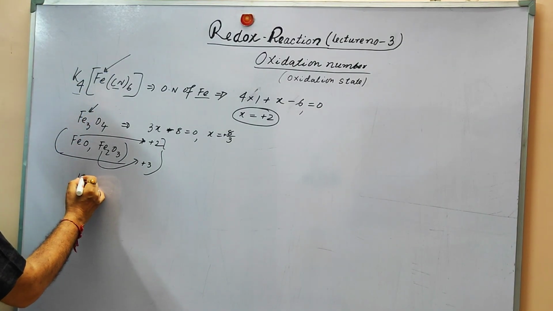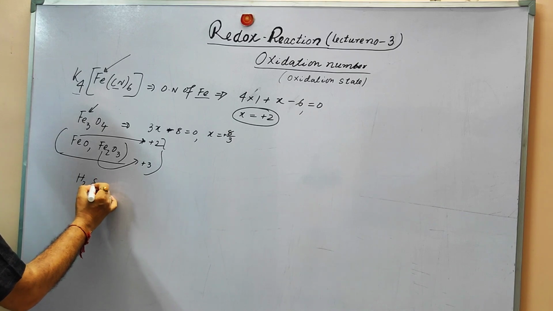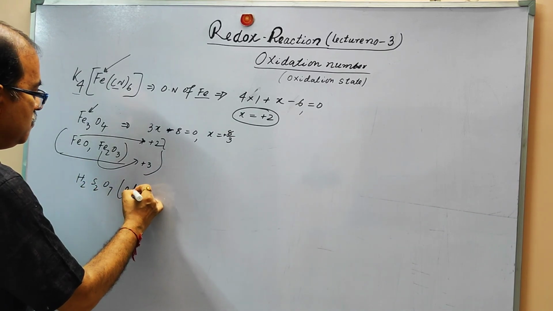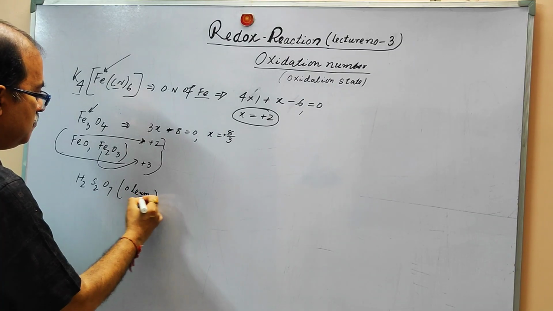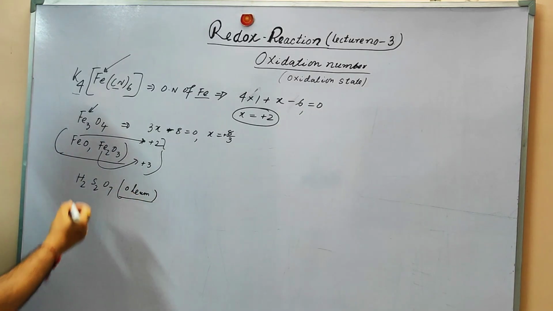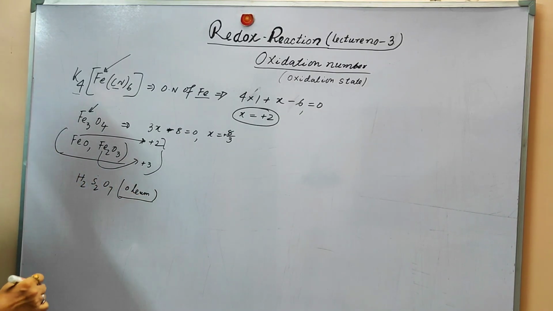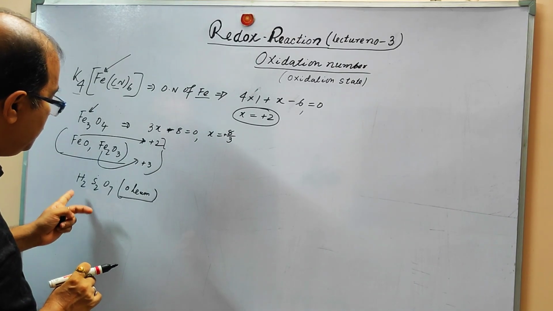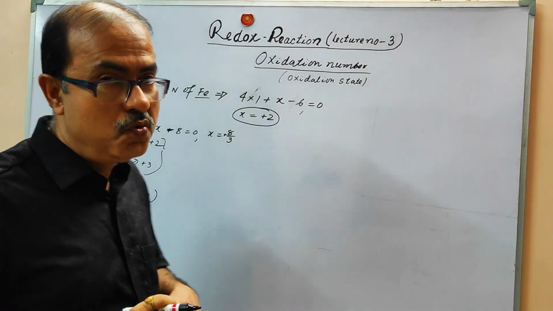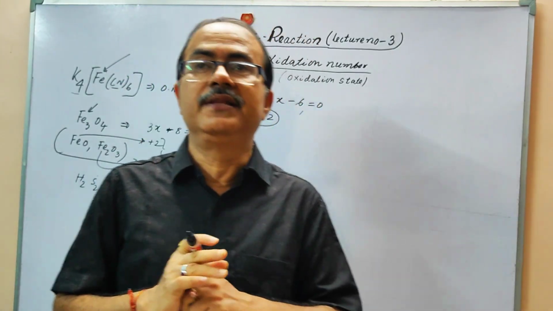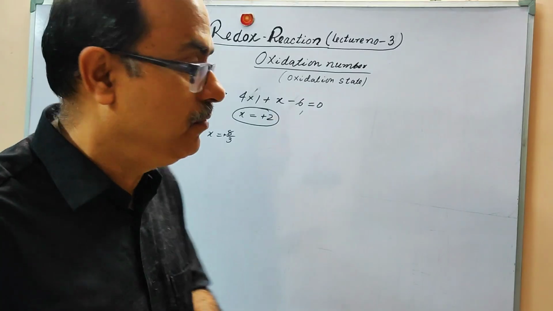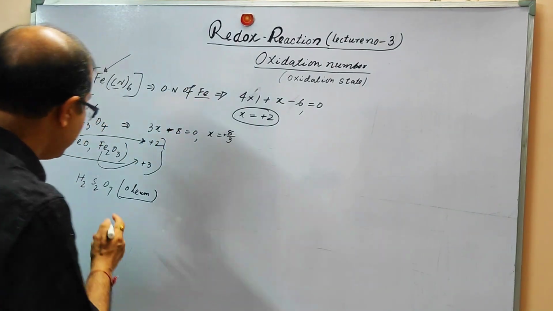Another example, suppose H2S2O7. This is called oleum. What will be the oxidation number of this sulfur? Is it the same or different? For that, you have to calculate the oxidation number on the basis of the chemical bonding of those particular atoms.